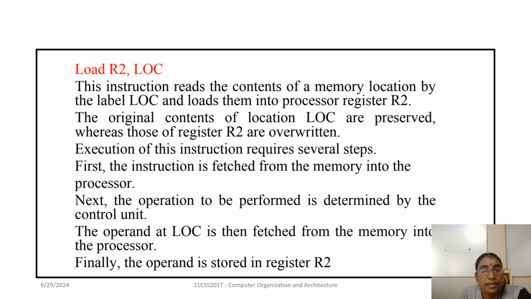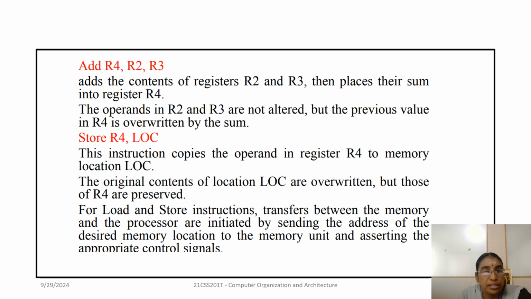As per the example given on the slide, the content of LOC moves to the R2 register. That is what is happening inside the instruction. The next one is the add instruction, Add R4, R2, R3. As per this example, the contents of R2 and R3 will be added, and the result will be stored in the R4 register.